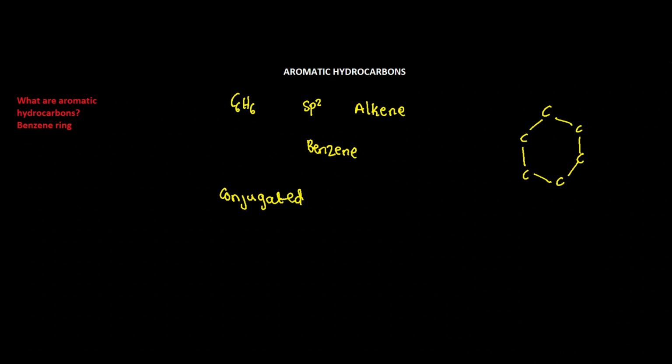This simply means that the double bonds are alternated between sides. So if we take a double bond here, the opposite side would not have a double bond. And of course, we have hydrogen atoms attached to give each carbon atom 4 bonds. Now this is how the benzene ring looks.